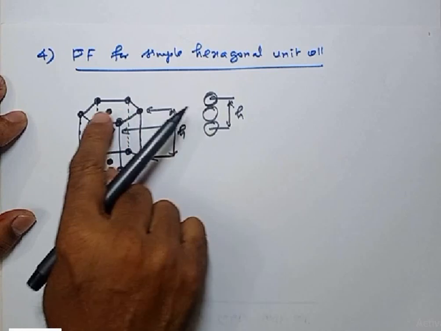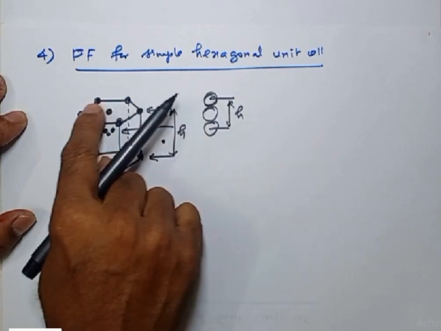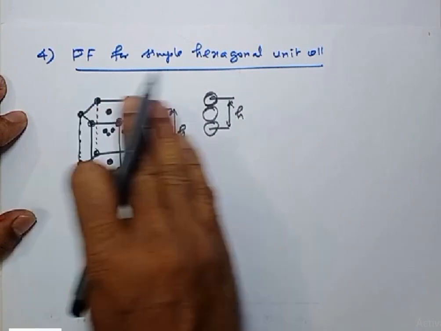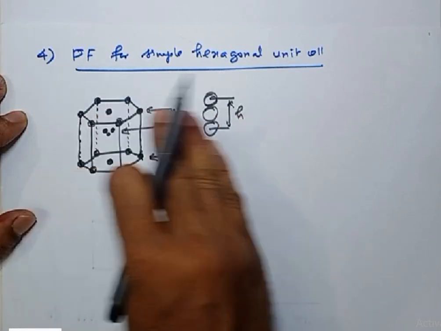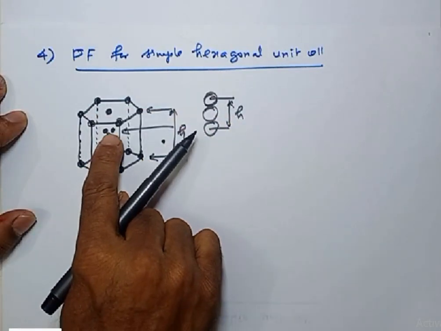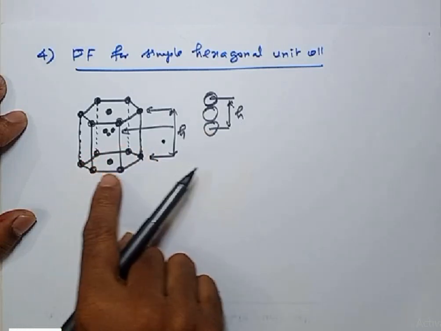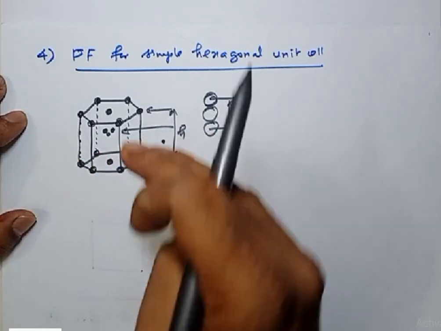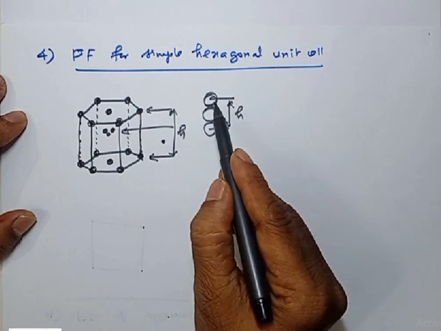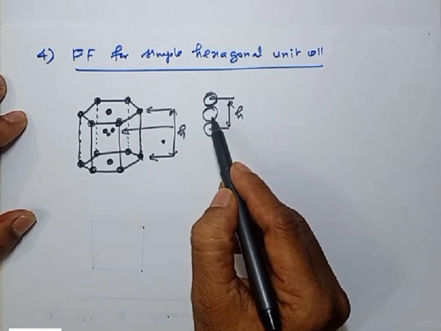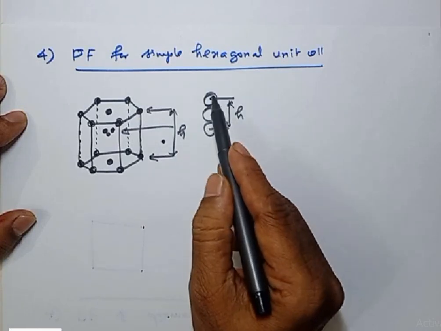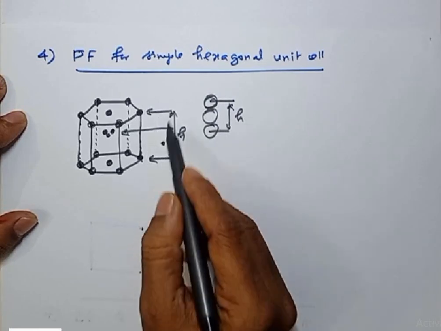In the simple hexagonal unit cell, the top face looks like a layer of atoms, the middle 3 atoms form another layer, and the bottom hexagonal face is another layer. So we have 3 layers. Suppose in each layer the atoms are touching each other like this, then what should be the height of the unit cell?